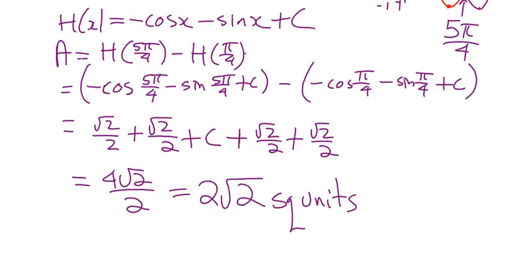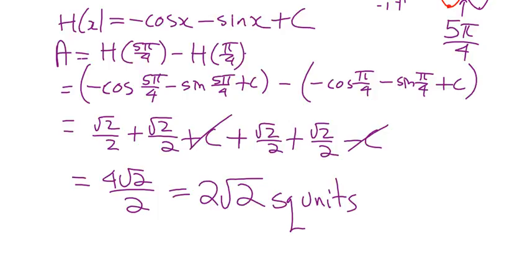When you take into account you're subtracting negatives and the first bunch is the negative. So the 5 pi over 4 is a negative root 2 over 2. So this becomes positive, this becomes positive. So we have 4 root 2 over 2's, which is 2 root 2's. Square units.